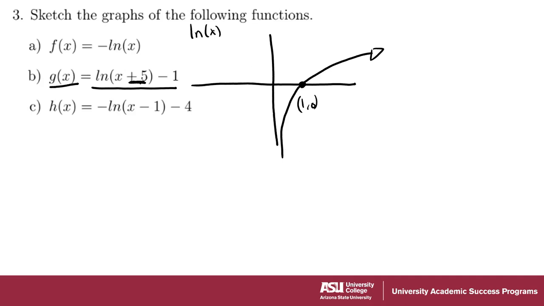So if we put in a +5, we're going to translate the function, and a +5 means we're going to the left 5 units. So now, instead of it happening at 1, it's at -4, yeah, at -4 is where we would cross.